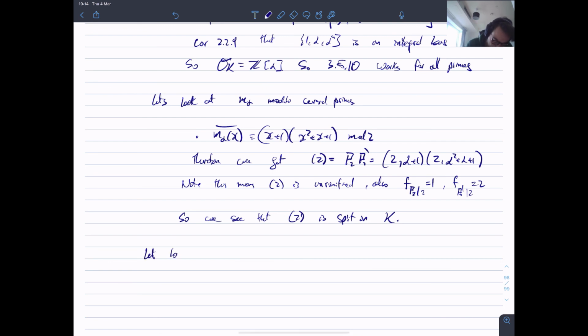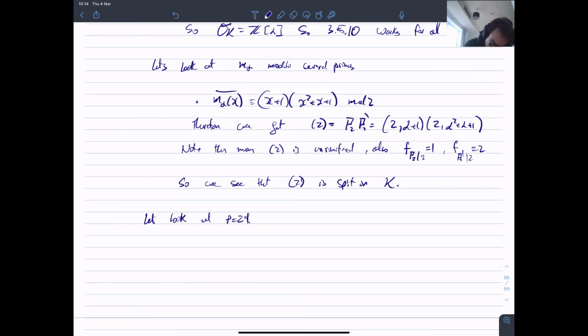Let's look at p equals 29. So we factor this M alpha bar of x. This is congruent to x plus 5, x minus 2, x minus 3, x minus 2 modulo 29.